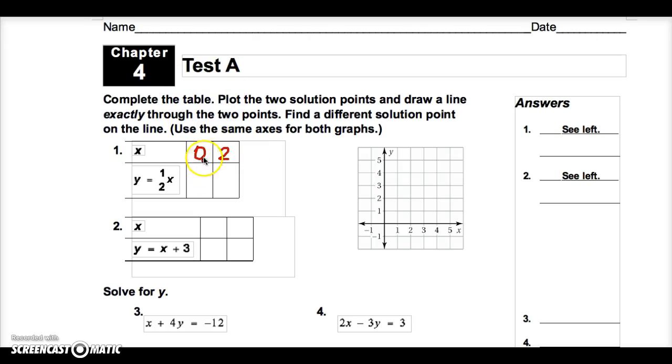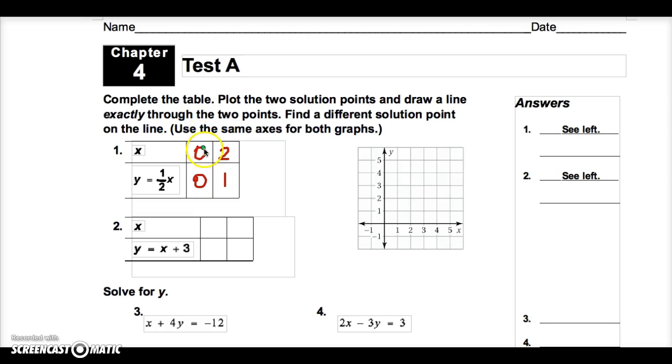And then you are simply just going to plug each of these numbers into the equation that they give you down here. So your equation is y equals 1/2 times x. So if I plug these in, 1/2 times 0 is 0. And 1/2 times 2, well, half of 2 is 1.